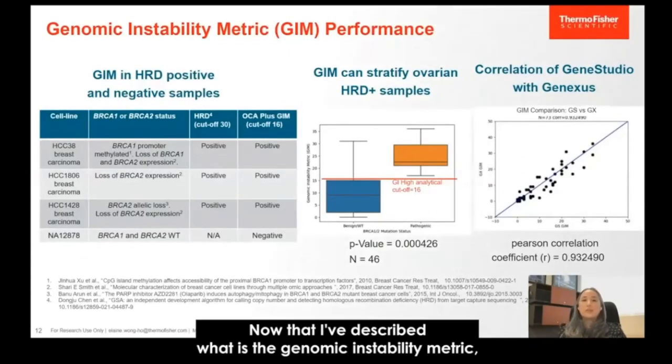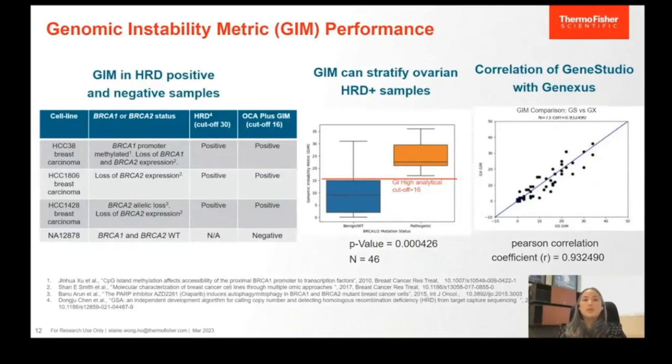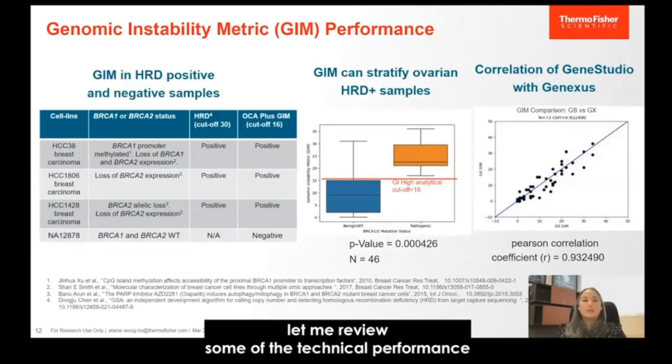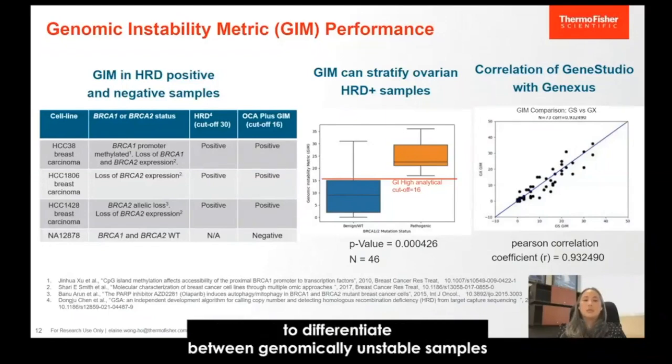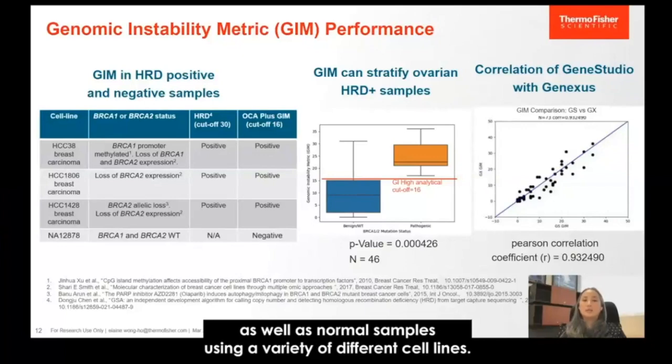Now that I described what the genomic instability metric is, let me review some of the technical performance of this new metric. On the first table here, on the left-hand side, we looked into our ability to use our GIM to differentiate between genomically unstable samples as well as stable, normal samples, using a variety of different cell lines.